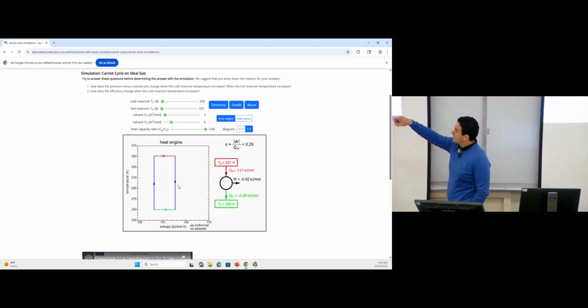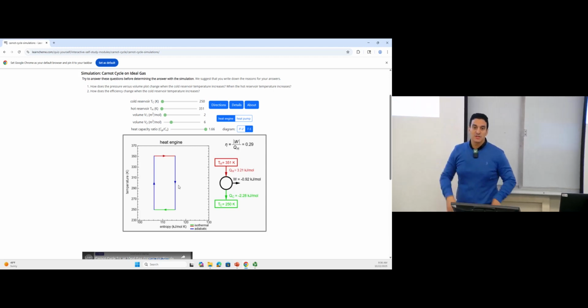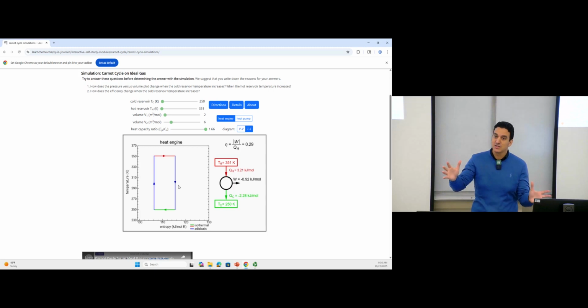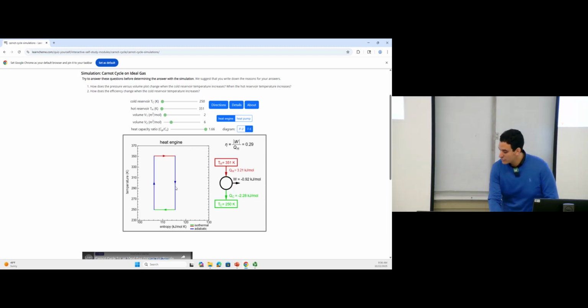So the area between these two lines represents the net amount of work we are obtaining from the cycle. If you can increase this area, then you can increase the efficiency of the cycle. So here the efficiency is 29%. We have the temperature of the cold reservoir at 250 Kelvin and the temperature of the high reservoir at 351.